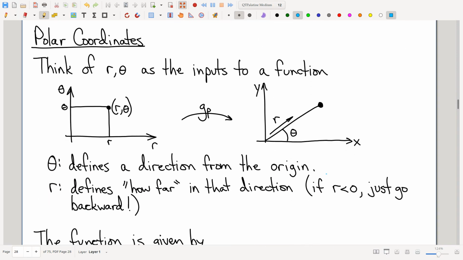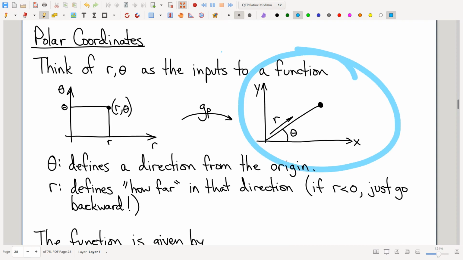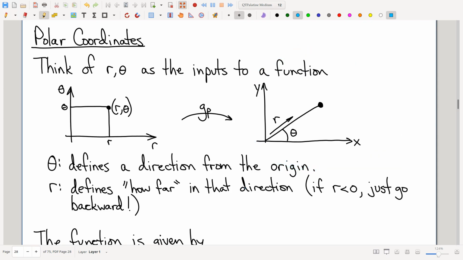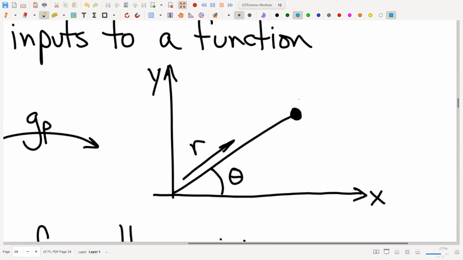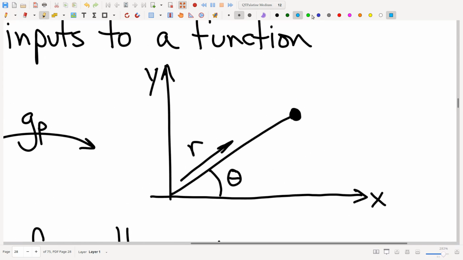Okay, so moving along, let's talk about polar coordinates. Y'all may have seen this previously. Pretty much that's what polar coordinates looks like. If you've seen it before, great. If you haven't, no problem. Roughly speaking, the idea is theta tells me how far to rotate counterclockwise from the positive part of the x-axis.